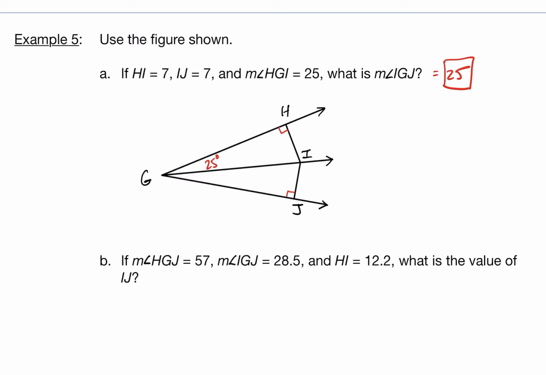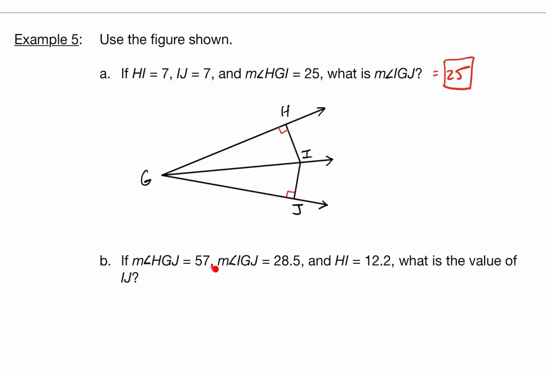For part B, we are told that the measure of angle HGJ is 57. Let's go ahead and erase this. So for part B, HGJ is 57, so this entire angle is 57.